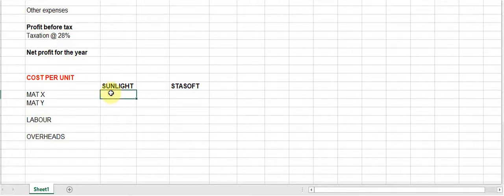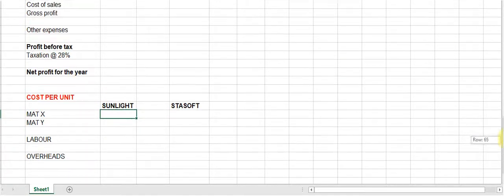So for material X, we want to know how much it costs to have material for 1 unit. We need 300 milliliters for Sunlight of material X, and we need the price.